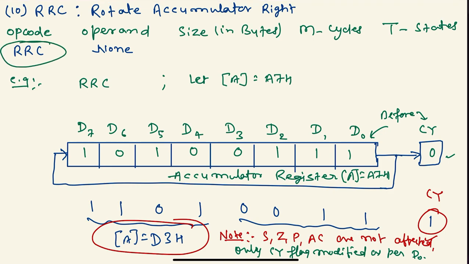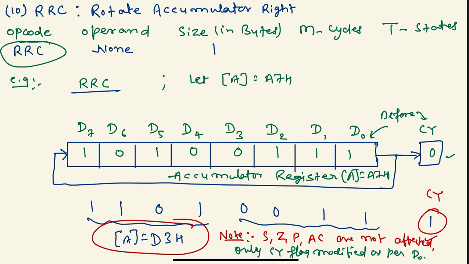Whatever the RRC opcode is, the accumulator register address is mentioned as part of it. That is the reason the operand is not required. And now we'll talk about the size. With respect to size, this instruction has only an English alphabet mnemonic, so its size will be 1 byte.